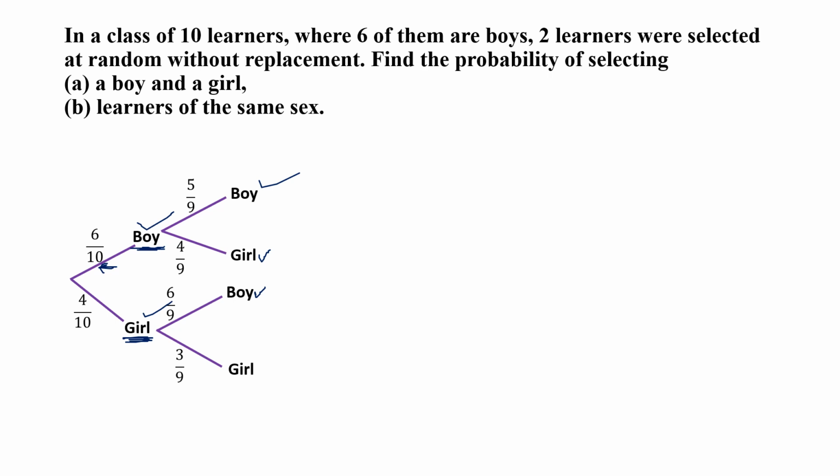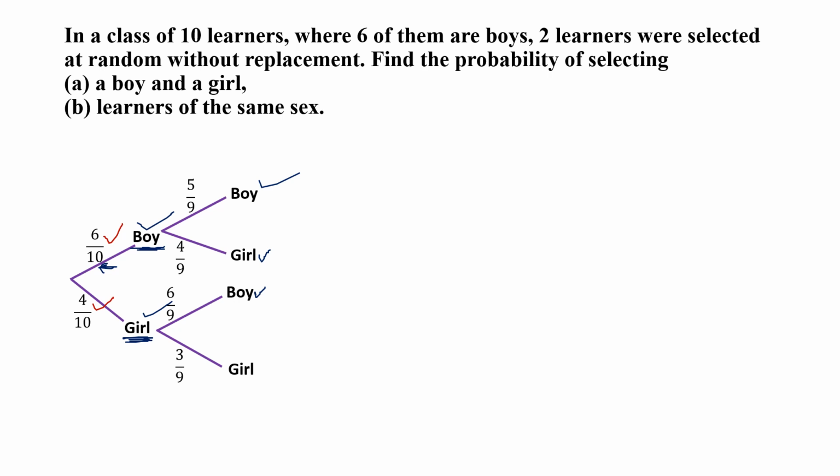if these probabilities in each of the two branches add up to 1. I'm talking about the probability of a boy plus the probability of a girl here. If you add these two, you must get 1.